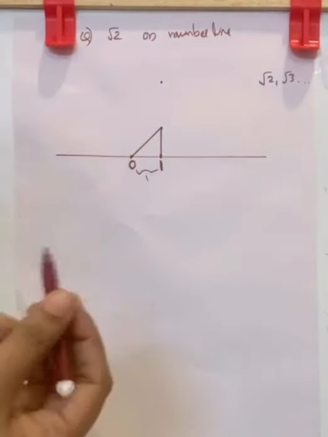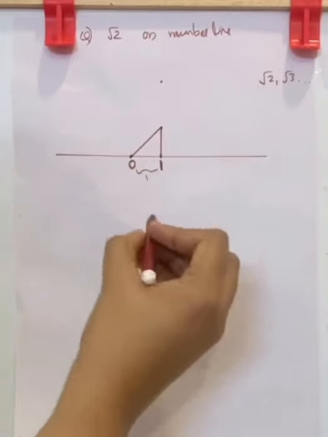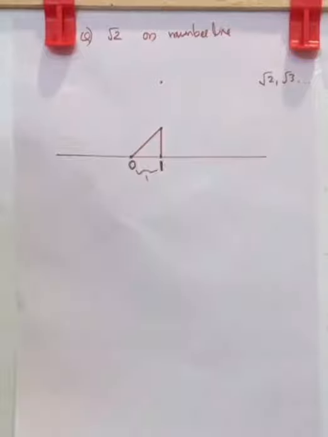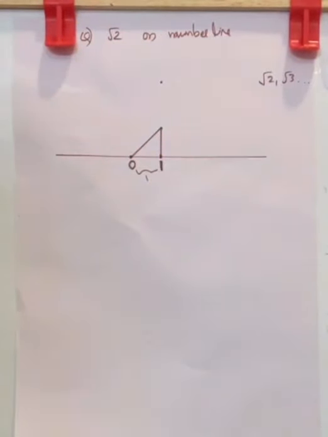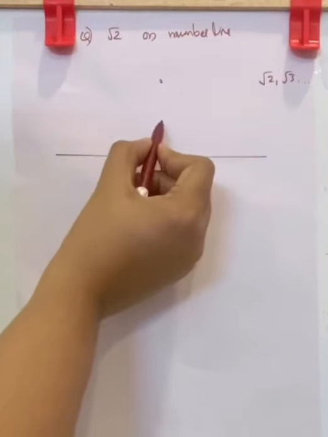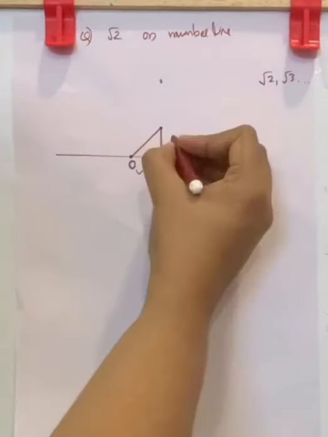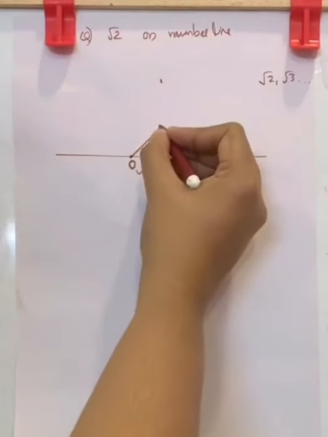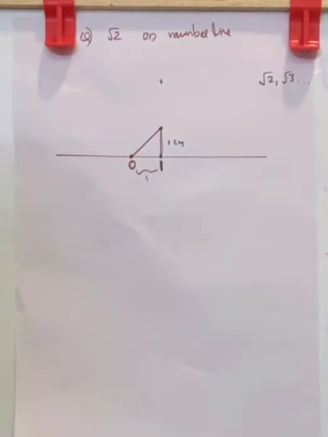So what we did is draw a line, then plot a point 0, then mark 1 considering 1 centimeter from 0. Then on 1 we keep the protractor and find the 90 degree and draw a 1 centimeter line here on the 90 degree. This is also 1 centimeter. After that, we join this point with 0.